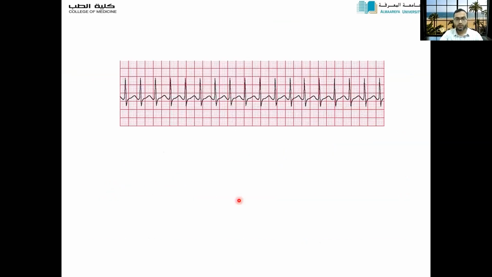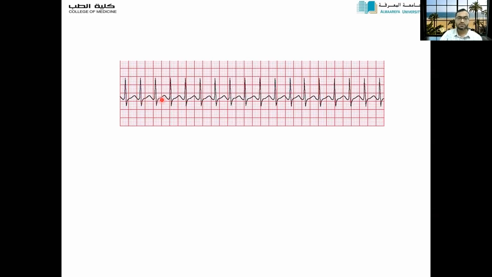Okay, two more examples of arrhythmias, just quickly. You can see here the pattern is regular, isn't it? Rate is too high. P waves are absent. You can't see the P waves here continuously. If P waves are absent, it means that beats are not originating in the SA node.